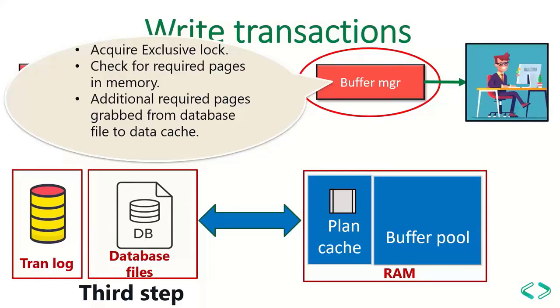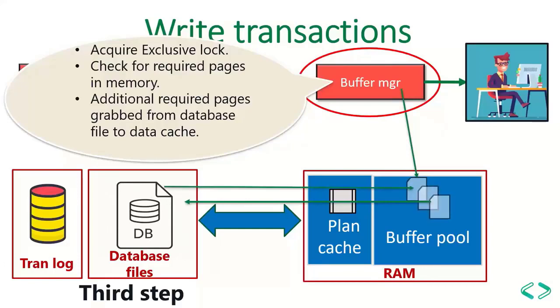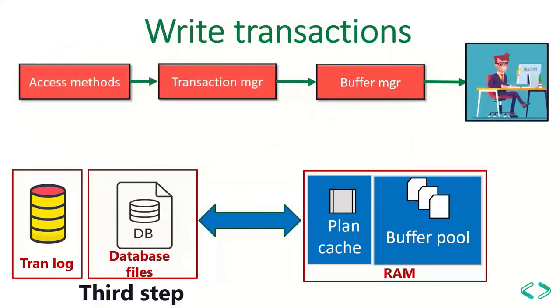And then once it puts the exclusive lock on the resources, it will check if all those data pages, all those resources that it needs, are already in the buffer pool. If it didn't find some of them or all of them, it will grab those pages in the form of 8 KB, just like the read transaction, put them in the buffer pool, do the modifications over there, and send the success message to the user.